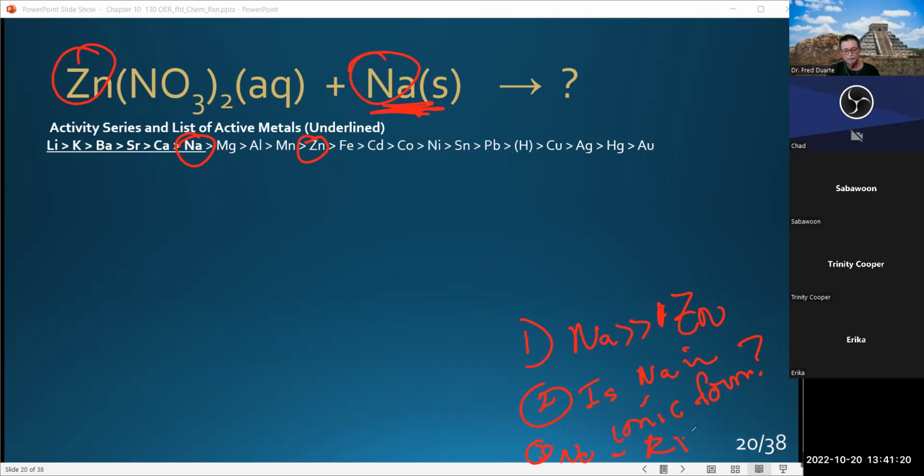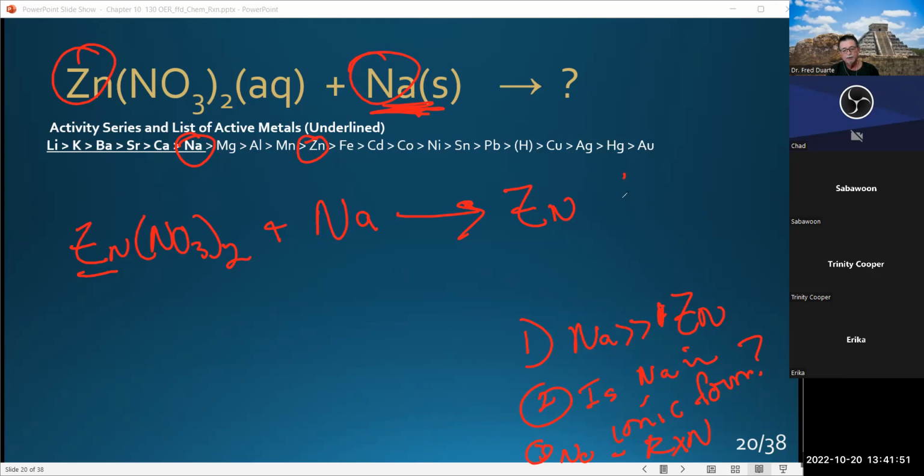Then we have a reaction, so we exchange partners. Since this reaction is going to occur, let me write that down. We've got zinc nitrate plus sodium. Since the reaction occurs, we know that the zinc, which is in ionic form, will be converted to elemental form. Then we take what's left and put them together in the right ratio.